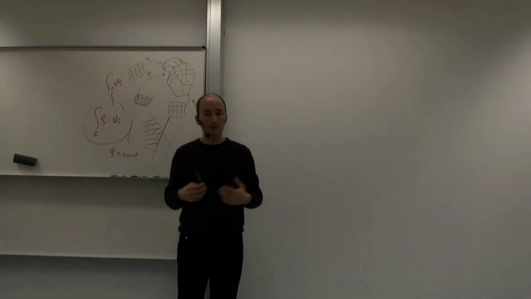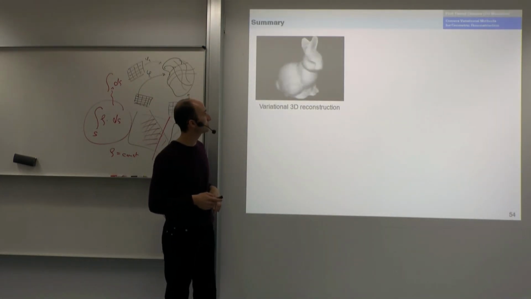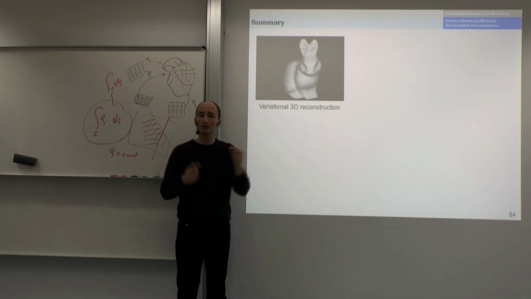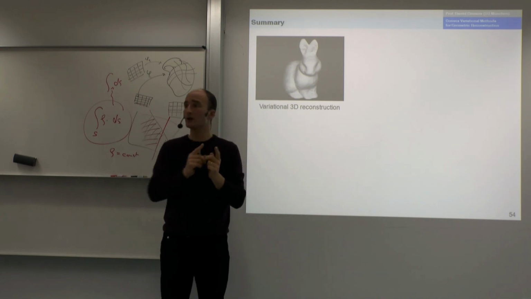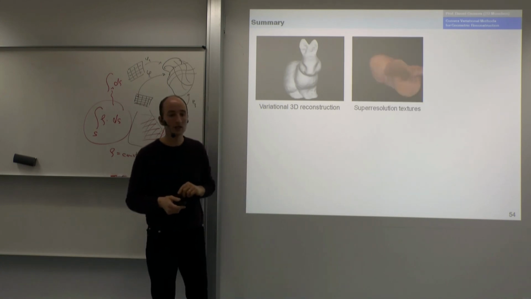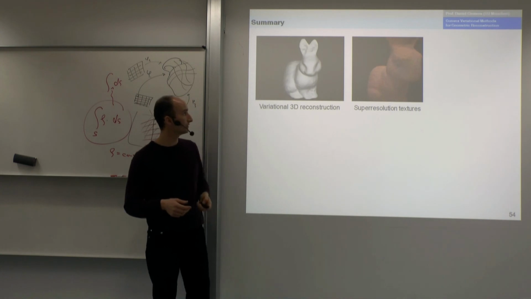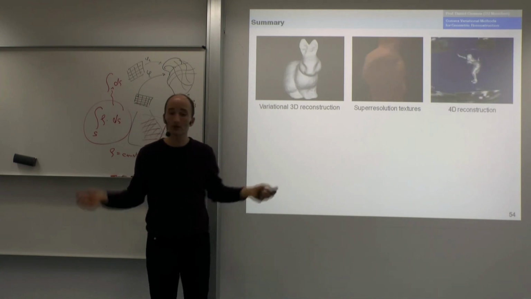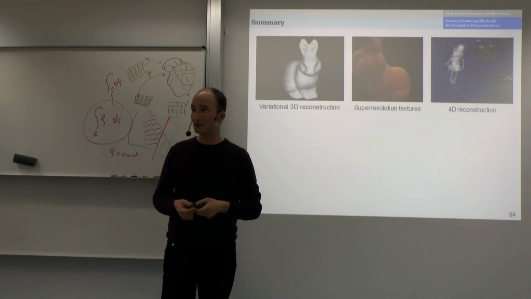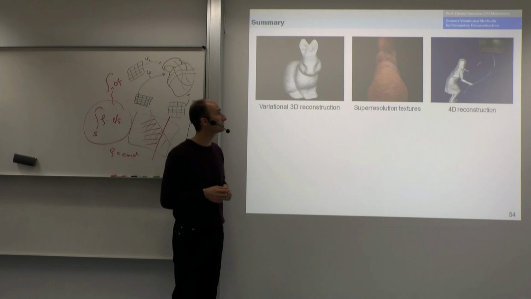So this is all I wanted to say about these convex relaxations for 3D reconstruction, at least for the binary setting. That is a setting where all I want is to label space with object or background. And so the functions U are binary labelings, and then I can compute geometry, I can compute texture on the surface, I can even compute geometry in time and use synchronized videos to reconstruct actions over time.